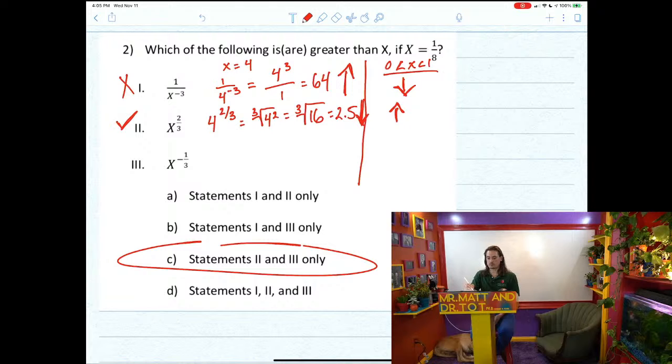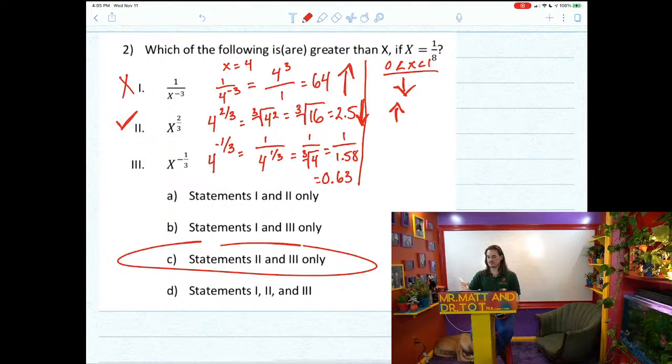4 to the negative 1/3 power, that's going to be 1 over 4 to the positive 1/3. That's 1 over the third root of 4. The third root of 4 is about 1.58, so 1 over 1.58, that's about 0.63.